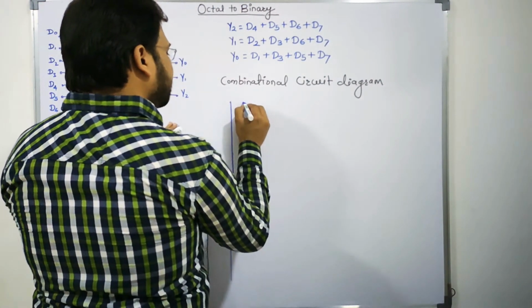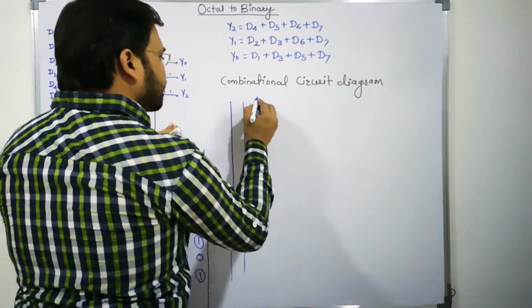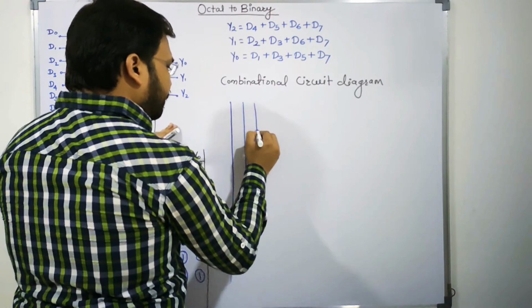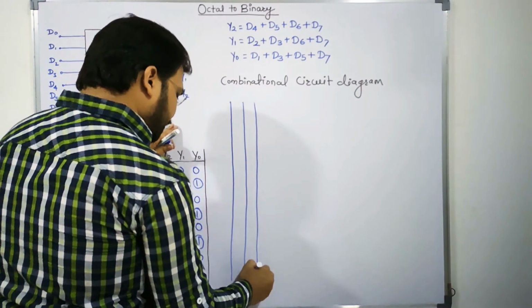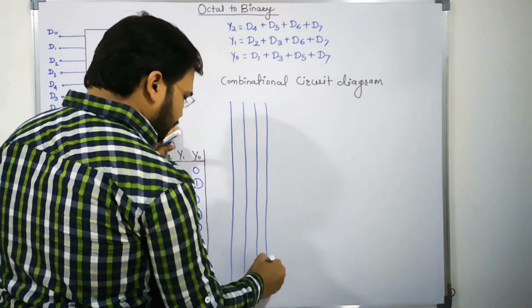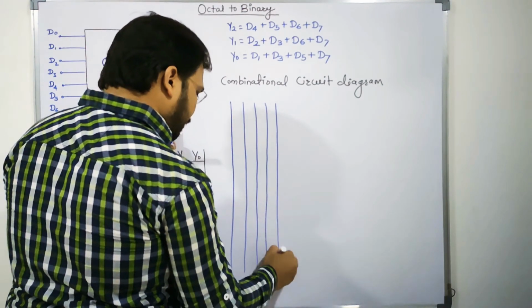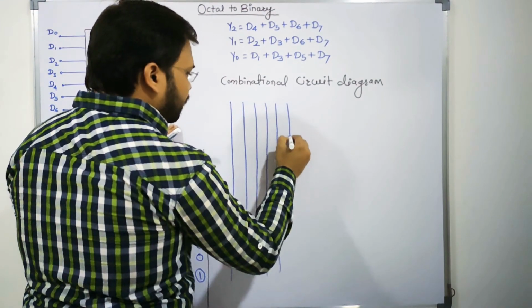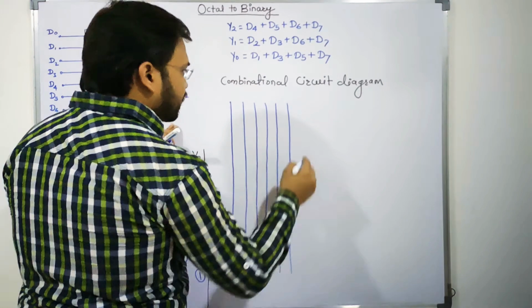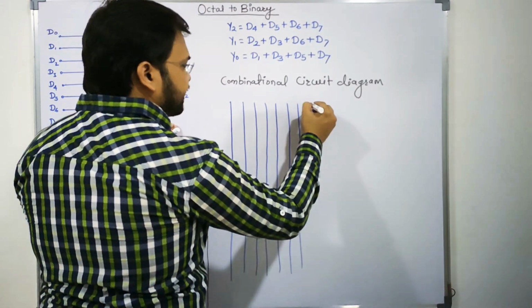Next what your D1, D2, D3, D4, D5, D6 and D7.